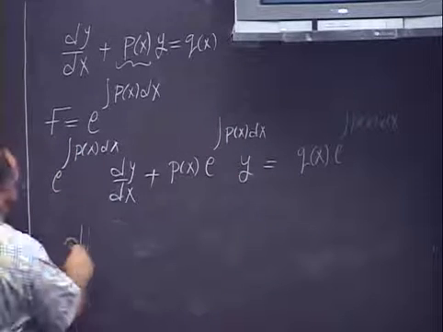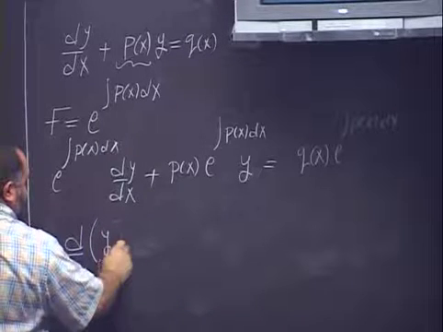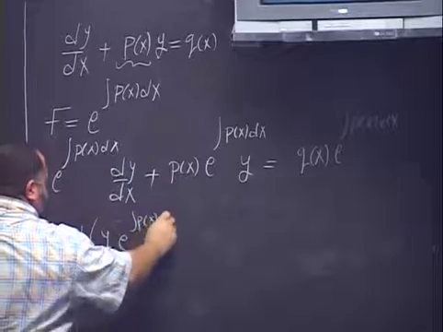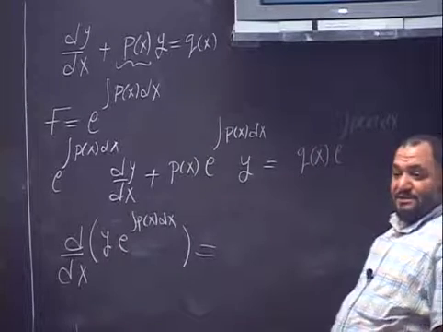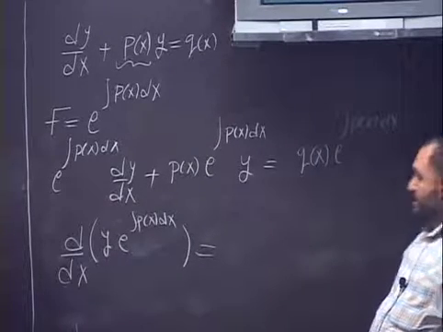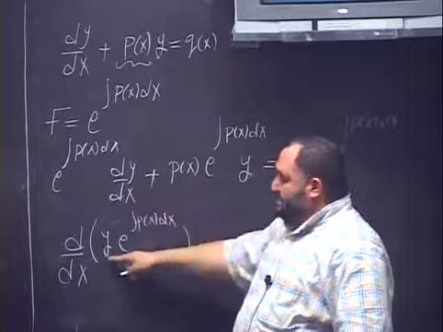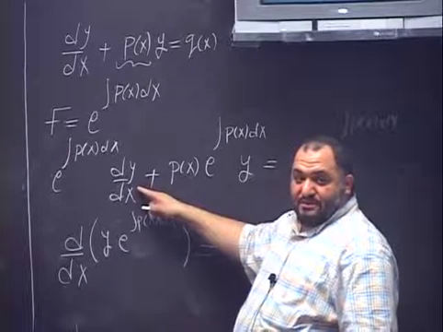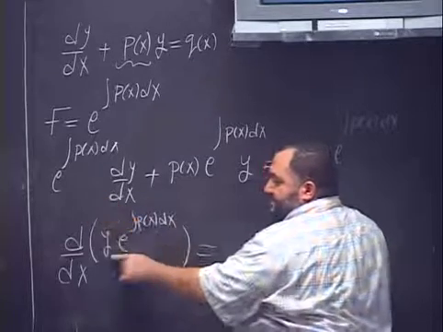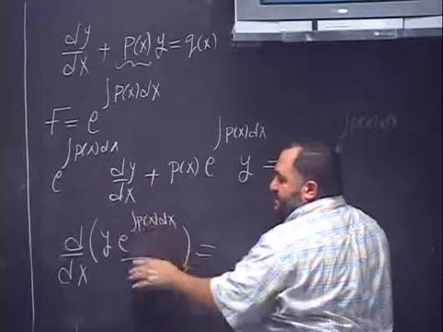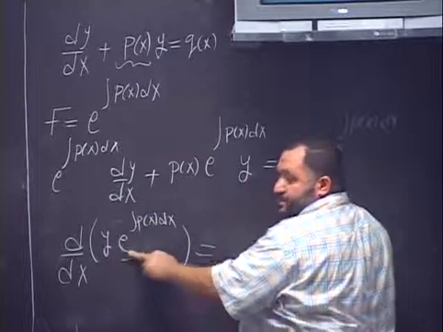Can we write this as d by dx of y multiplied by e to the power of the integral of p of x dx or not? Can we write it like this? The first multiplied by the differentiation of the second, dy by dx, plus the second, which was y, multiplied by the differentiation of the first.